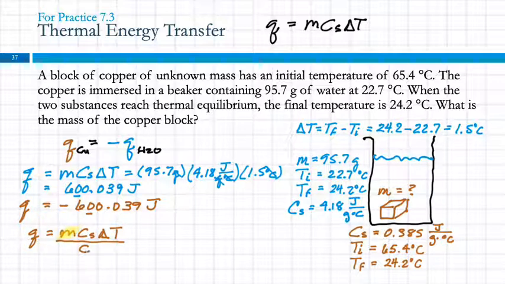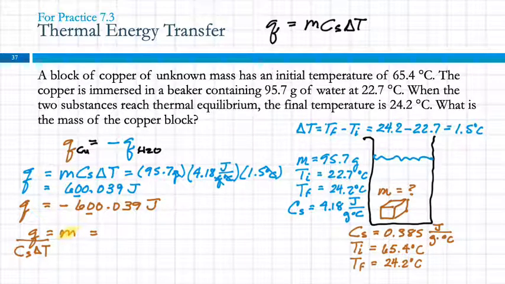So we'll divide this side by C and divide that side by C. We'll divide this side by delta T and we'll divide that side by delta T. Just to save a little space, I'm going to clean it up here, just erasing all the crossed off things. So the mass of the copper is equal to Q divided by C times delta T.